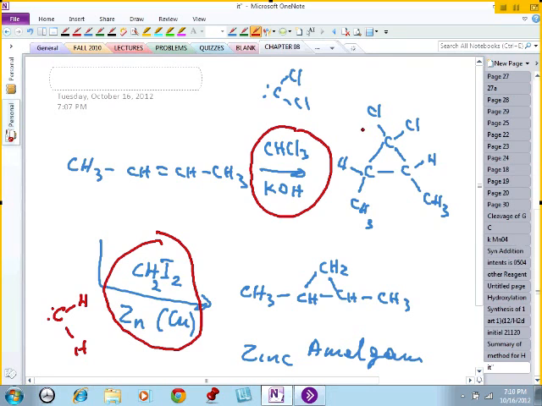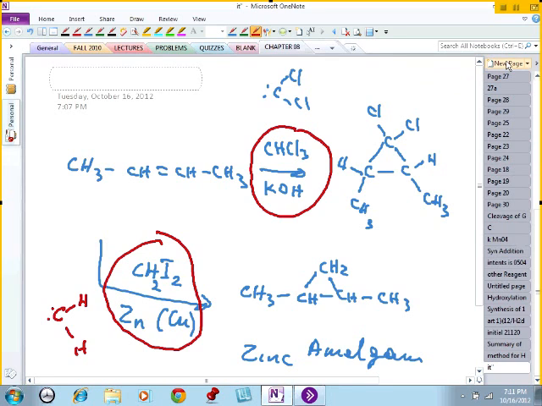Okay, we are almost there, the last reaction. The last reaction now I want to show you how we make this here. This is a polyethylene or polypropylene. You guys know this when you go to the grocery supermarket to buy. Okay?